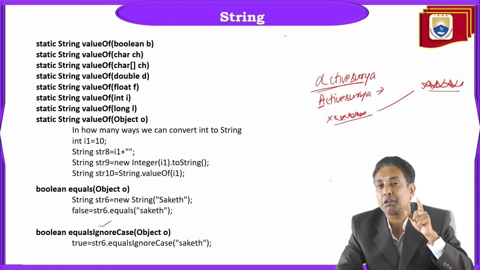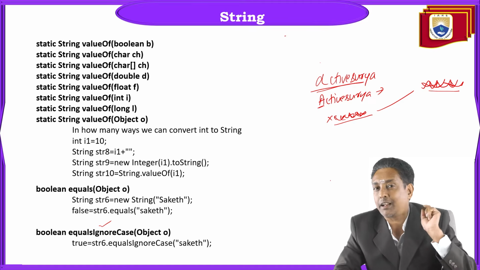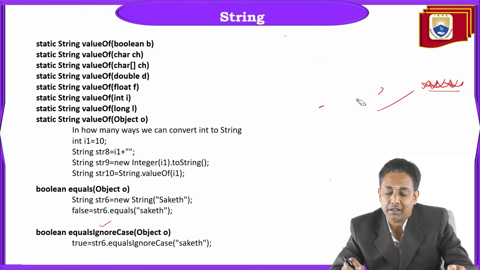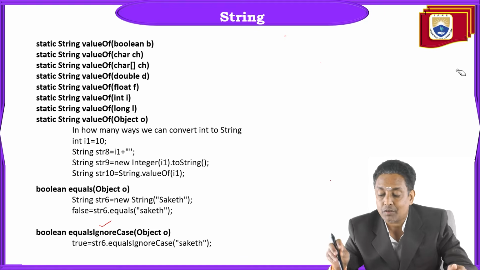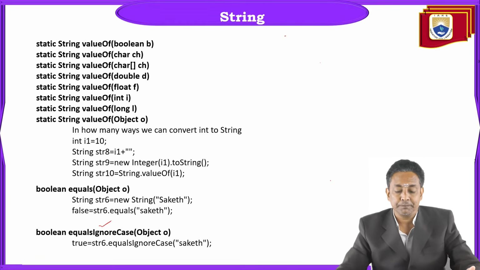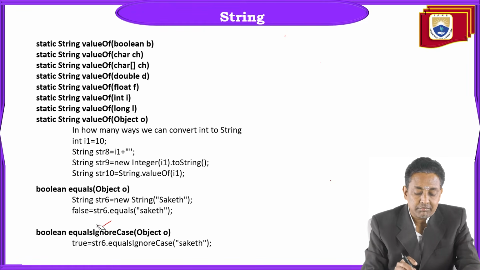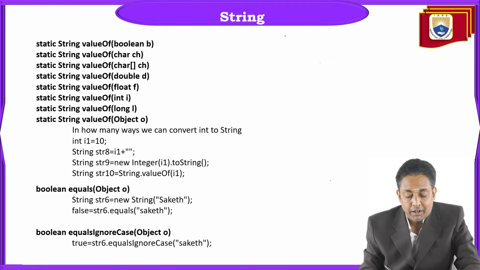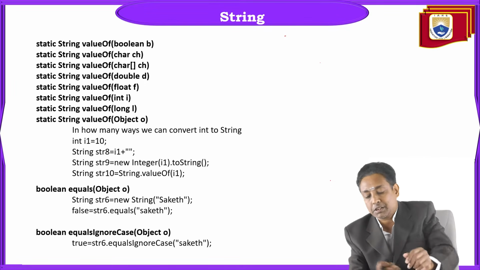But the username you better compare with equals ignore case, not with the equals method, because we may enter a capital letter in the place of a small letter. For that reason, the equals method should not give false for the username. For the username, equals ignore case is recommended, and for the password, use the equals method.